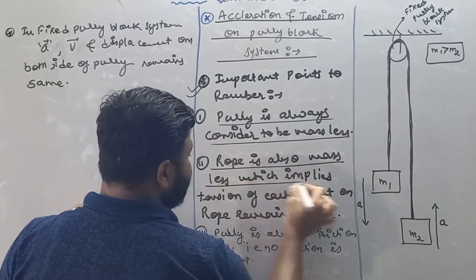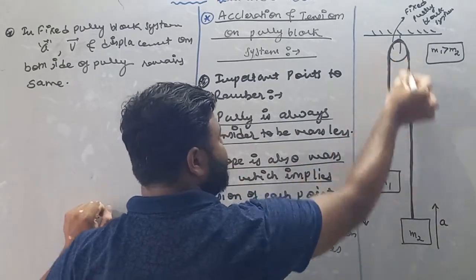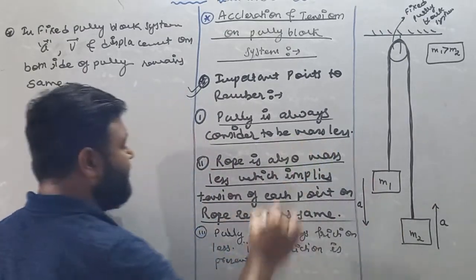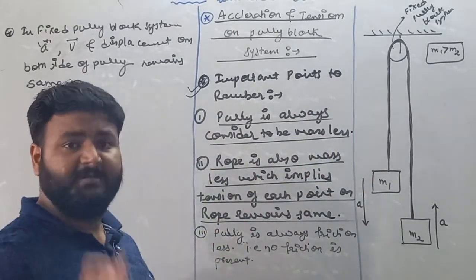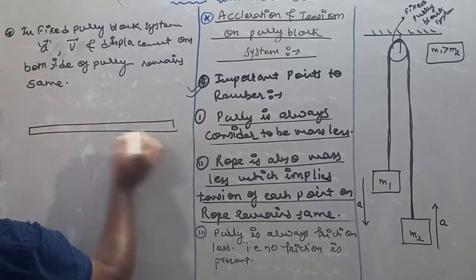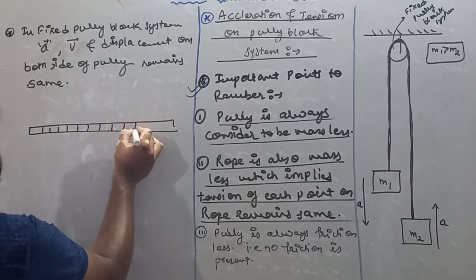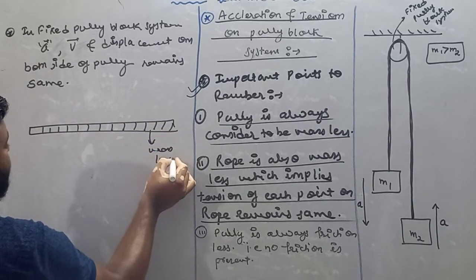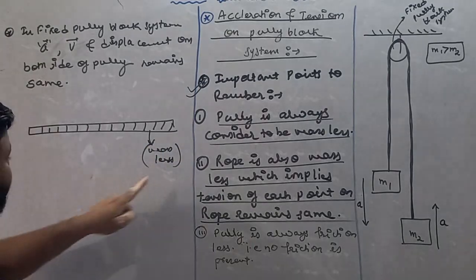The rope which we'll consider, this rope, is massless. And if the rope is massless, then the tension at each point of the rope remains the same. What this implies, see, let's suppose we have a rope like this, and this rope is massless.